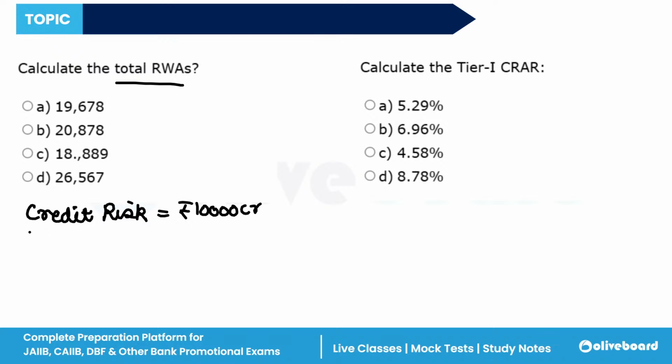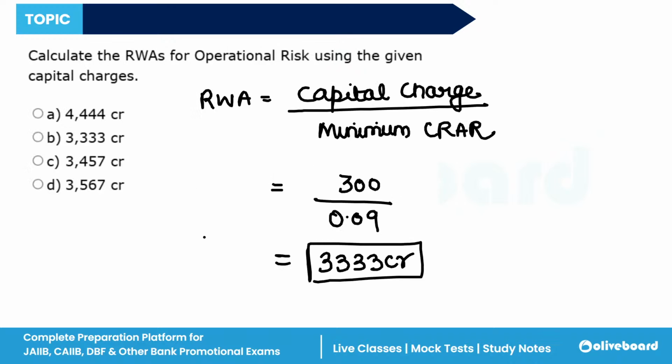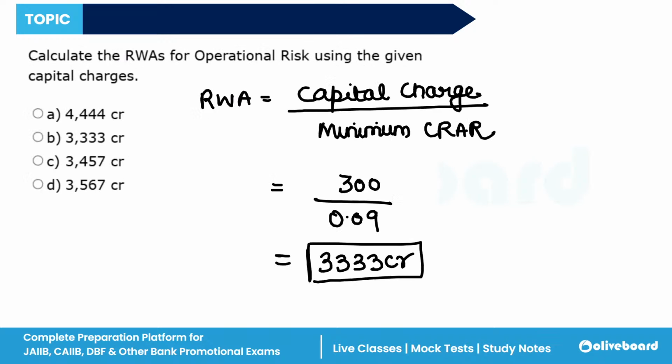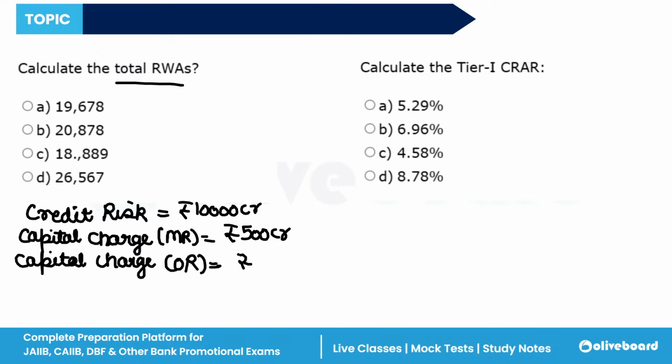Capital charge for market risk is given rupees 500 crore. Capital charge for operational risk is given, that is 300 crore.